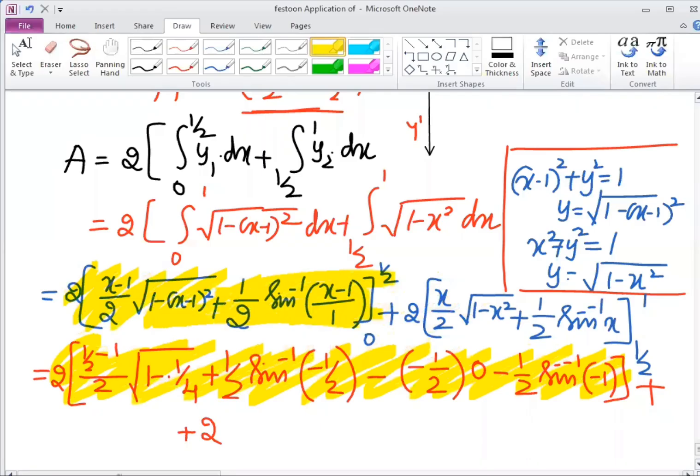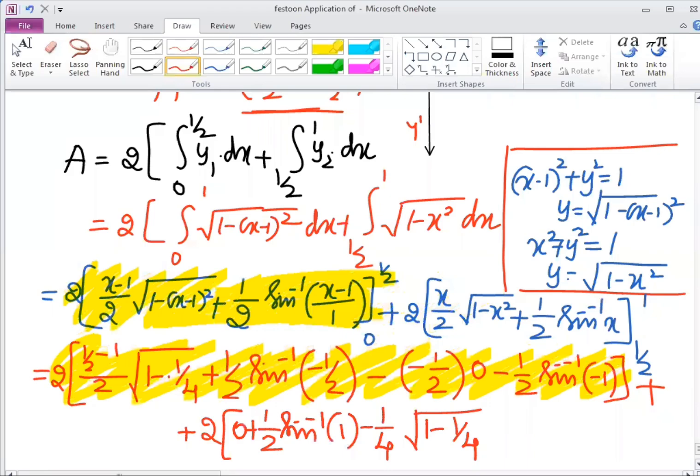So now further I have to apply, plus 2 into 0 plus half of sine inverse 1 minus 1 by 4 into square root of 1 minus 1 by 4 minus half into sine inverse of 1 by 2. I can close the bracket. This is a single step. Don't be confused.